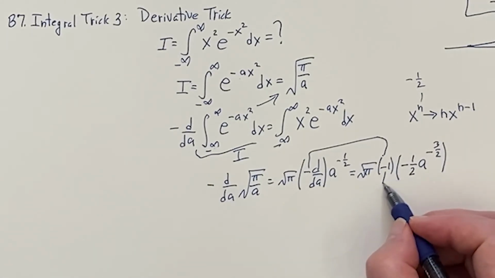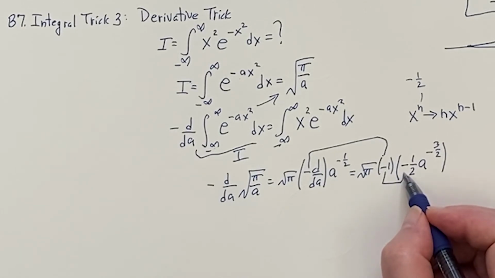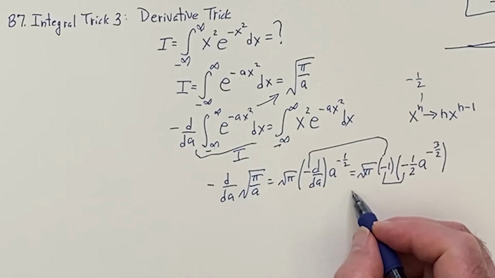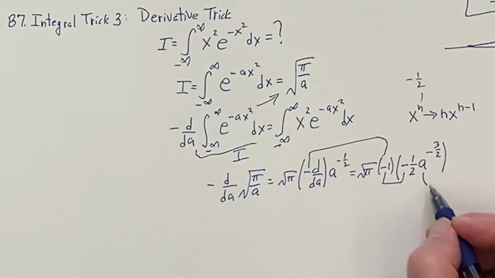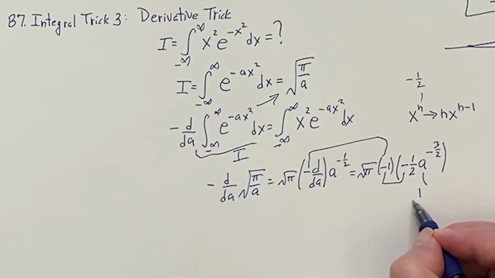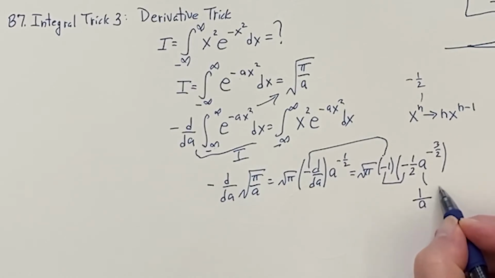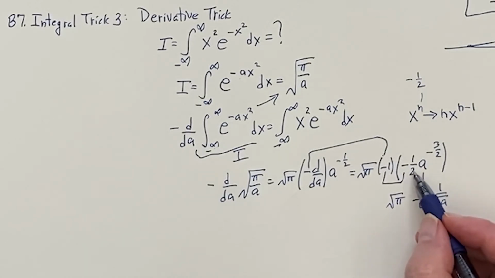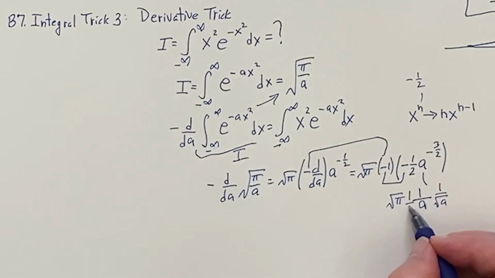So then you can see that these two signs are going to cancel, and I'm going to write this out as 1 over a and 1 over the square root of a. So that gets me my 3/2 power in the denominator, and then there'll be a square root of pi. And there'll be a 2 hanging around also.